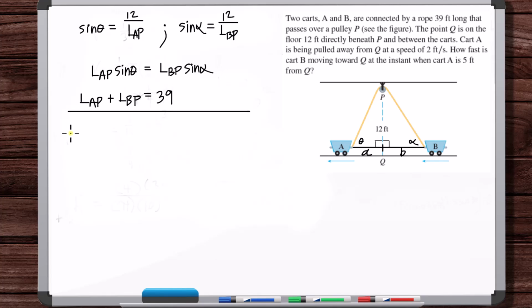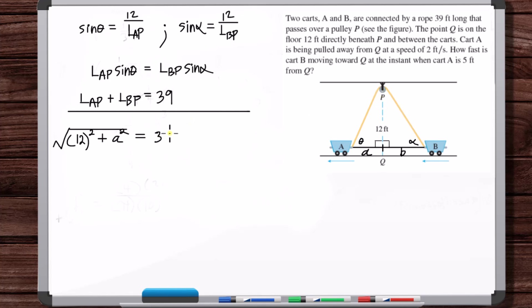We've got 12 squared plus a squared, the square root of that. So the square root of 12 squared plus a squared is this. Now, what is this equal to in relation to this?